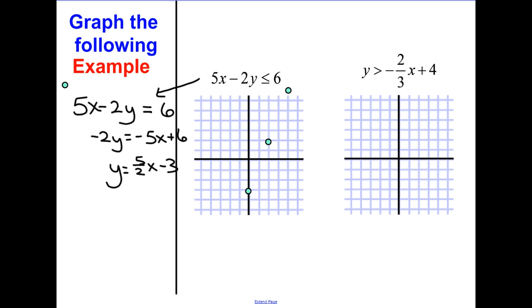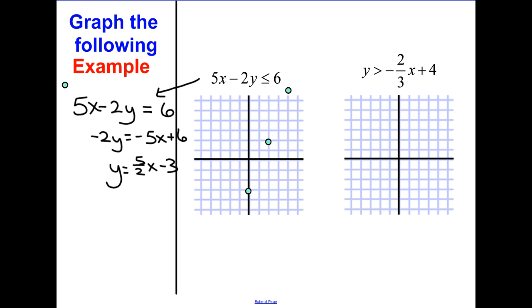Now, before we connect the dots to make our actual line, what we have to look at is our inequality. Remember when we graphed our single inequalities, we had either an open dot or a closed dot. Well, with linear inequalities, the ones with two variables, we're not going to have an open dot or closed dot.